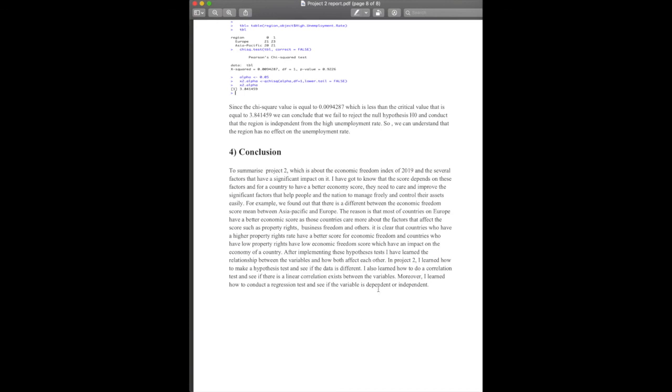So, when a country's property right increases, the score of economic freedom also increases. And when business freedom increases, the score also increases. However, we also found that there is no relationship between the high unemployment rate and the region, and the rate is not affected by the region.